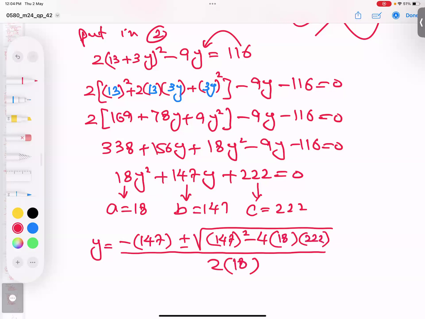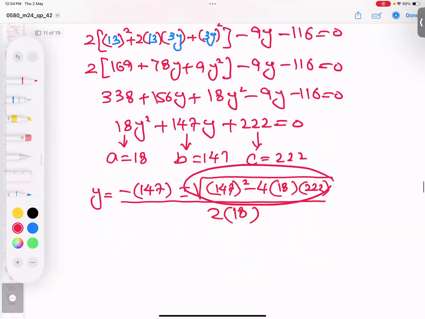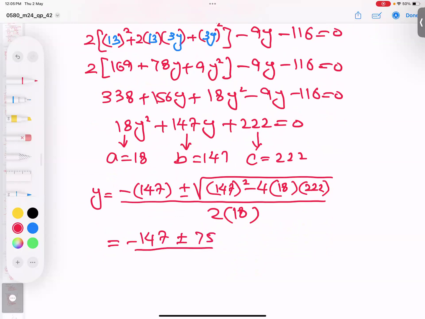And 222 is C. And now students, I am typing in the calculator. Minus 147. Okay, a best technique students, the root part, you type separately. So 4 times 18 into 222, I got 75. So this answer, including the root, is 75. And 36.